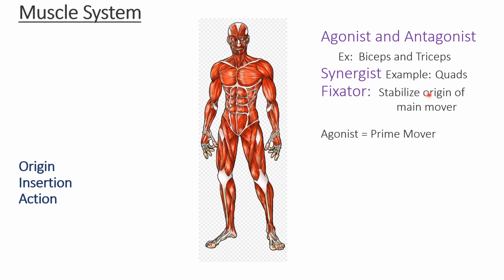These ones stabilize the origin. They help maintain posture, et cetera, and help create a relatively immovable object so that force can be applied somewhere else. And so again, the agonist would be, like you say, the prime mover of a given type of motion in the body.